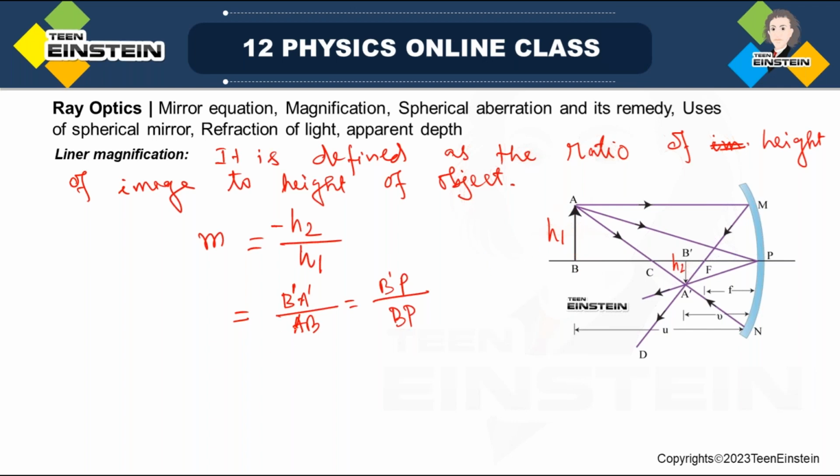So this is the magnification, which has the definition minus H2 by H1. That is equal to B prime P, which is minus V, as you know, and BP is minus U. This is the image distance and this is the object distance. Now see.